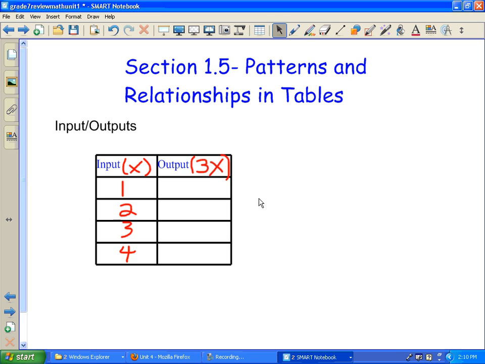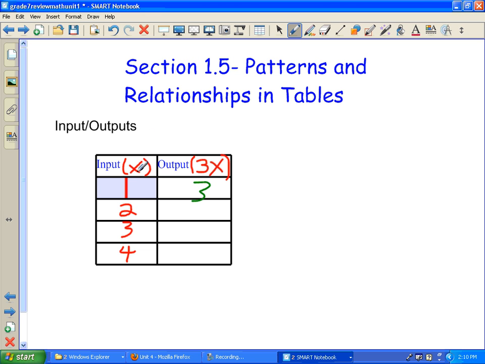All right, now we're going to take an input and output table. This is section 1.5. So here your input is x. Your output will be 3x, or 3 times that number. So when we put 1 in here, 3 times 1 is 3.